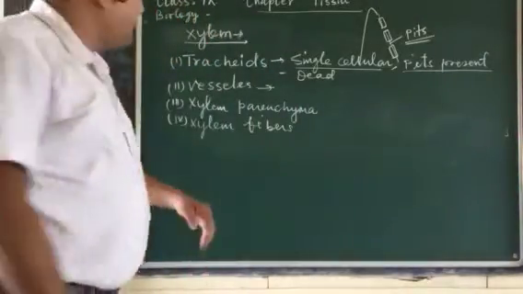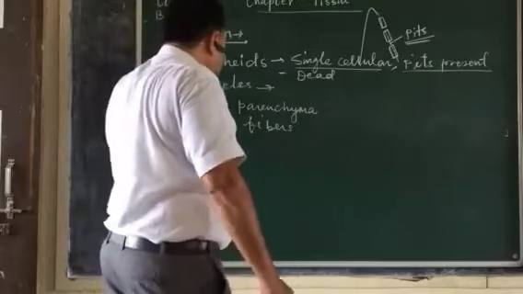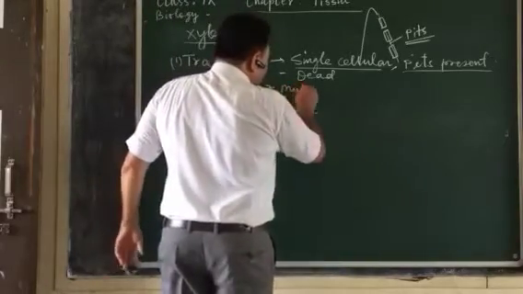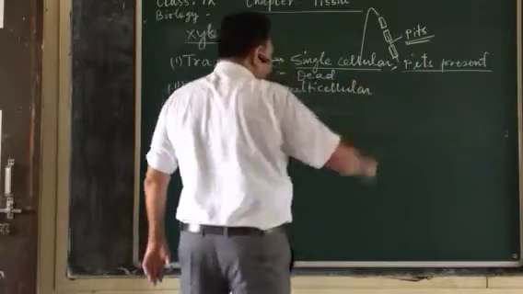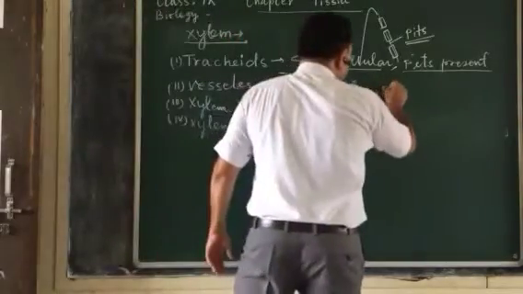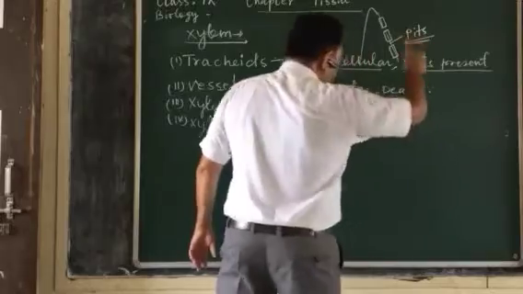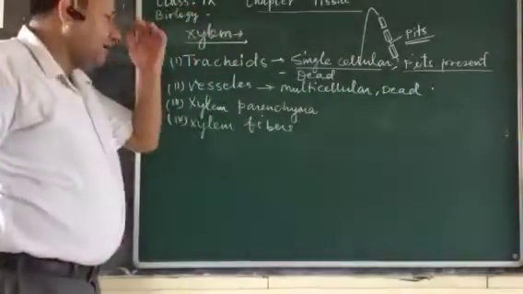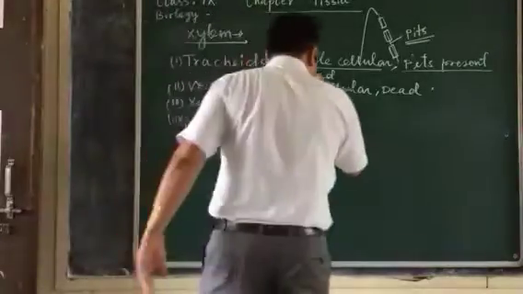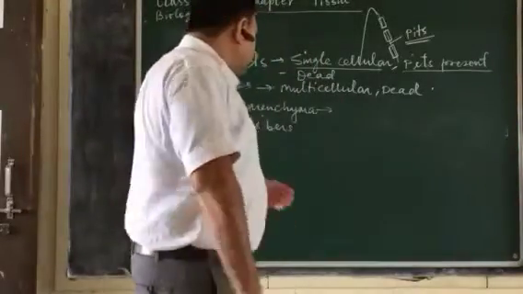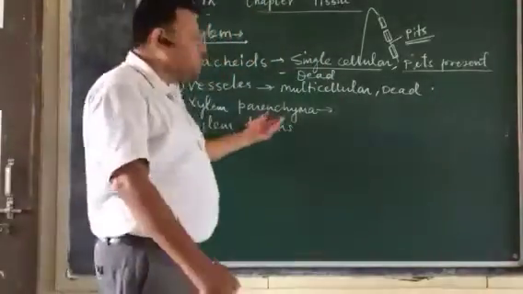Then vessels. Just opposite to the tracheids, vessels are multicellular in nature, and this is also going to be dead. Xylem parenchyma: you know, parenchyma is a living cell and is needed for providing nutrition.